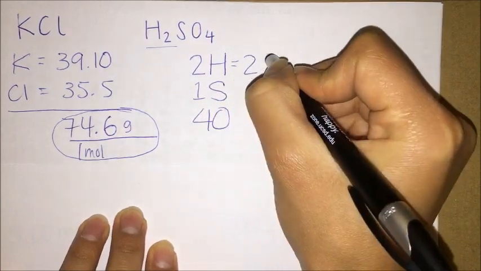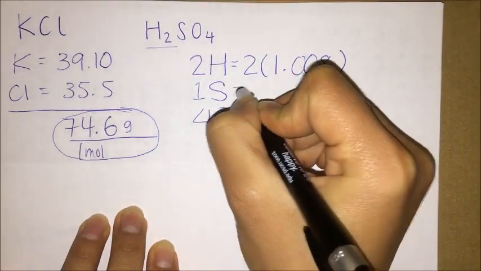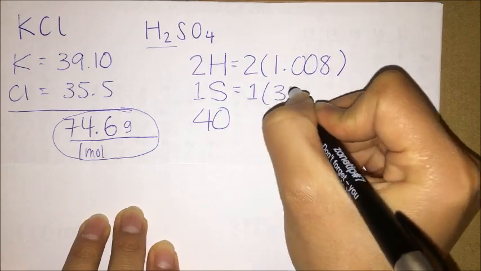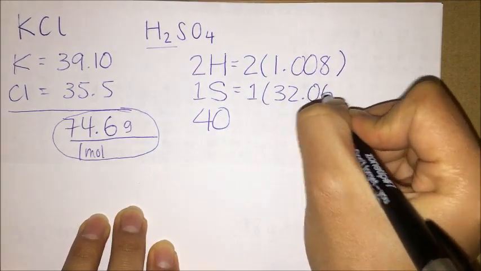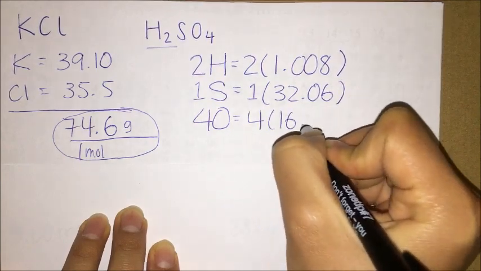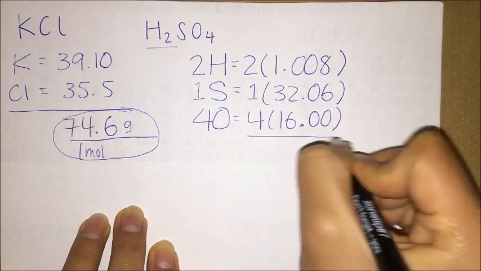So H has a mass of 1.008 according to our periodic table. S, we only have one of them, so it's 32.06. And lastly, we have 4 oxygens, which each has a mass of 16.